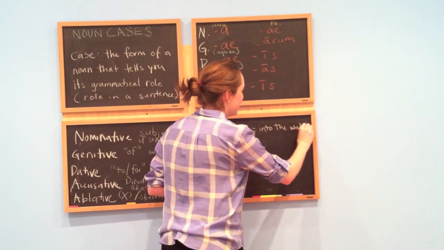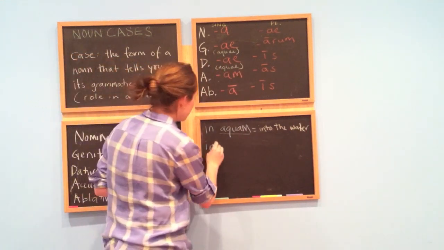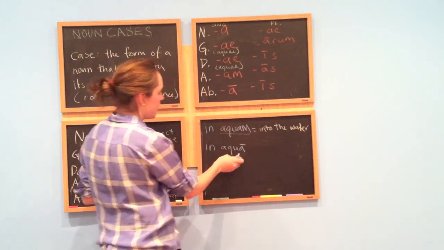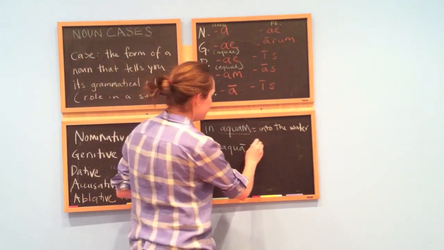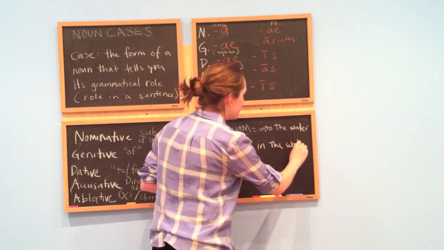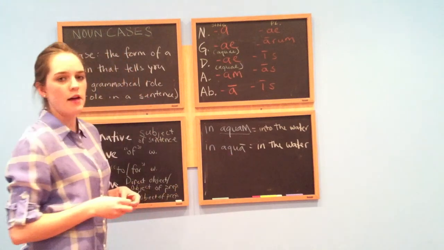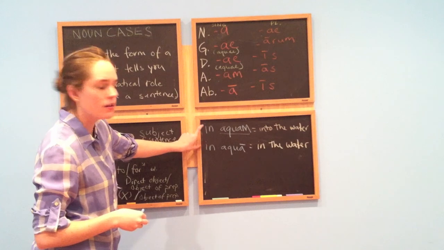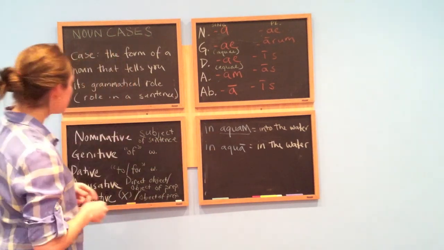Well, the preposition in can also take nouns in the ablative case. So we could also say in aqua, where now we've got our ablative ending for water. And that means something different. In plus the ablative means in the water. So you see that these forms of the noun are actually changing the meaning of the preposition. And that's why the preposition takes different cases.